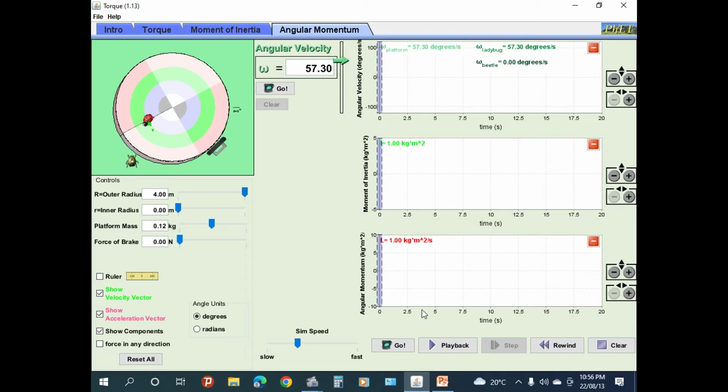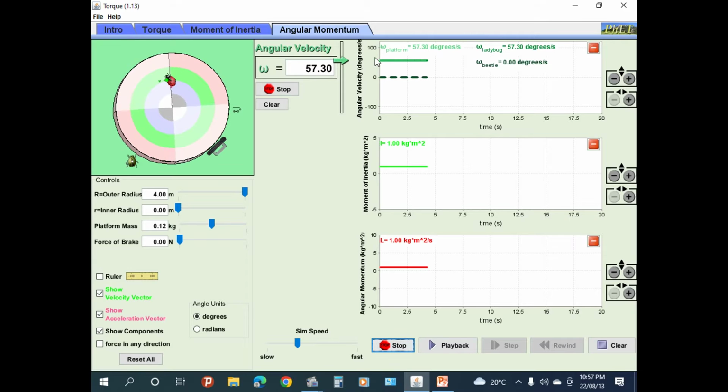So the angular velocity is 57.3 degrees per second, and it is constant at every time t.